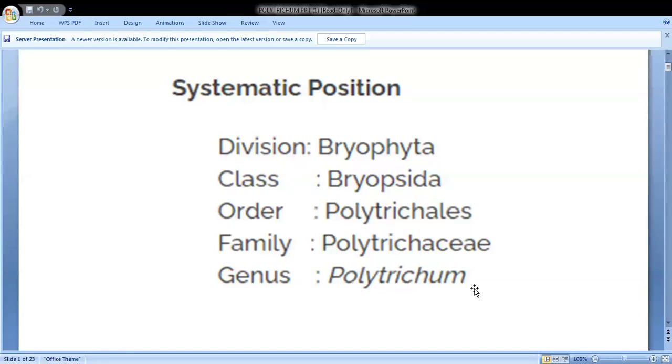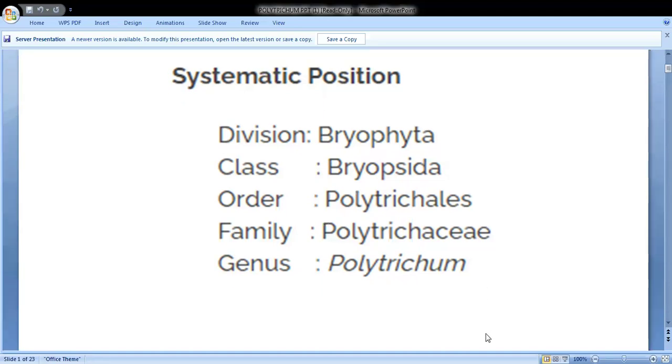The moss gametophyte is differentiated into rhizoid, stem, and leaf. First, I will explain the important points of a moss. This plant shows two substages in the gametophytic phase, that is the protonema and the gametophore stage.